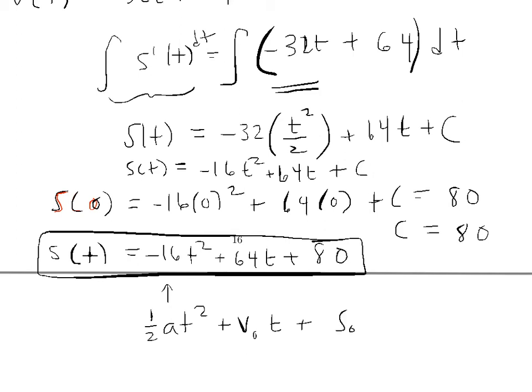Remember that? That gives you vertical height with your initial speed, v naught, and your initial height, s naught. Now we derived it using calculus. We didn't have to have that memorized. It helps if you're familiar with it, so you know what you're looking for.